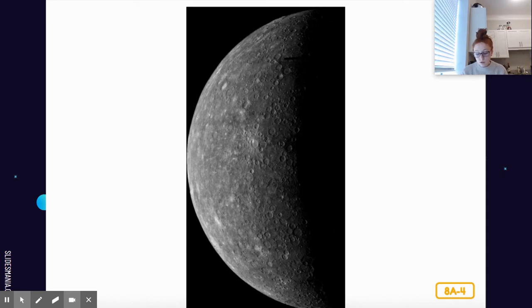And because it is so close to the sun, the surface of Mercury is very, very hot or very, very cold. Temperatures on the surface facing the sun can range anywhere from 300 degrees to nearly 1,400 degrees Fahrenheit.